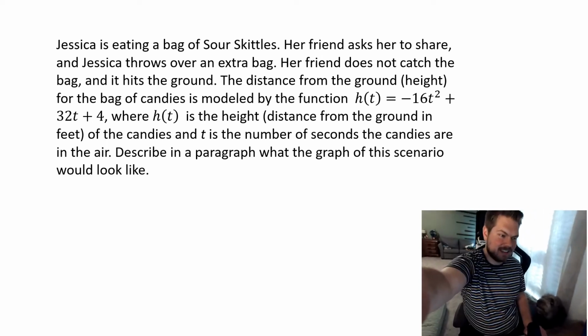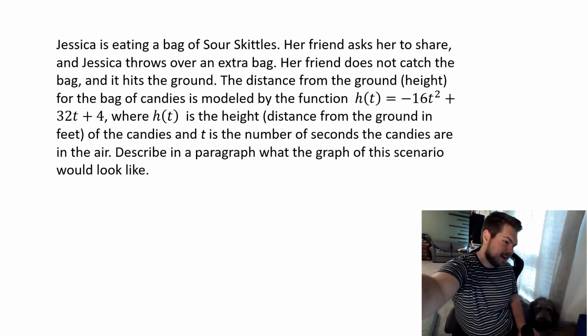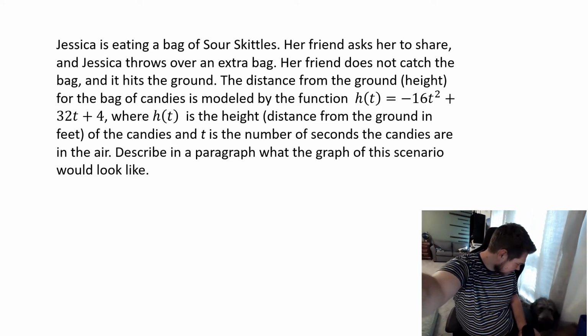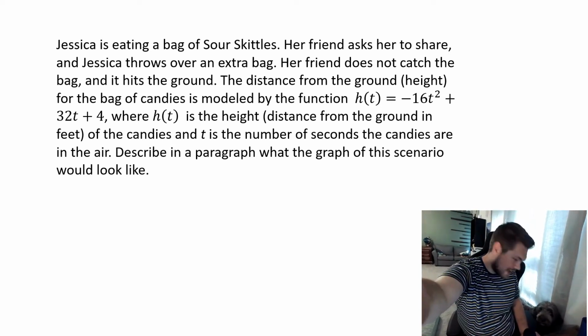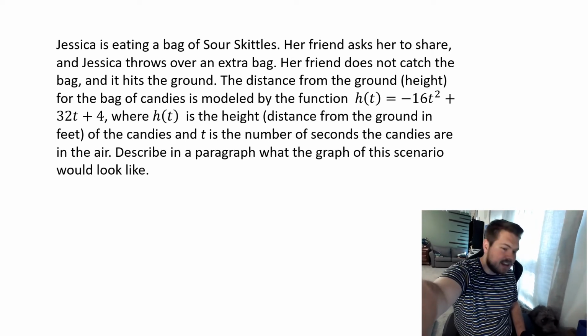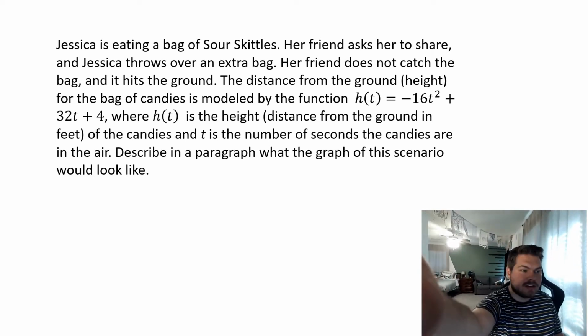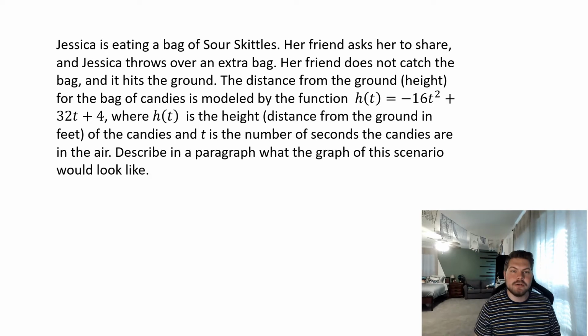Hey, Fozzie. So Jessica is eating a bag of sour Skittles. Seriously, a bag of sour Skittles. And her friend asks her to share, and Jessica throws over an extra bag. Her friend does not catch the bag, and it hits the ground.